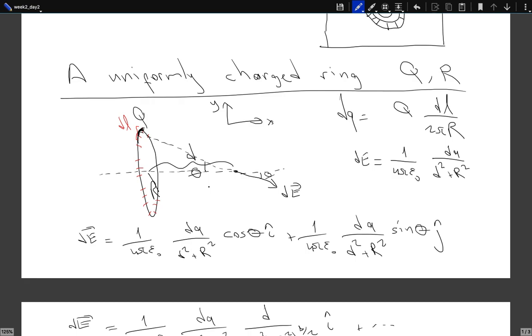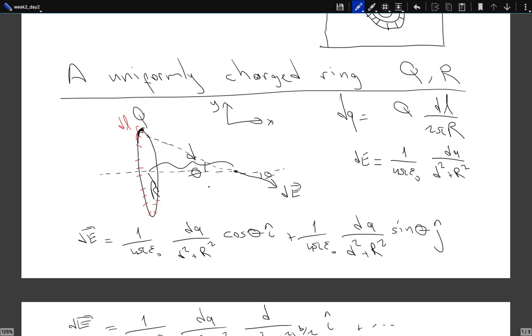And now we made an observation. We said that, okay, there is this segment over here, we are calculating the electric field of that segment, but there is another segment over here, diametrically opposite. But this segment will create an electric field of the same magnitude, but just pointing upward rather than downward.